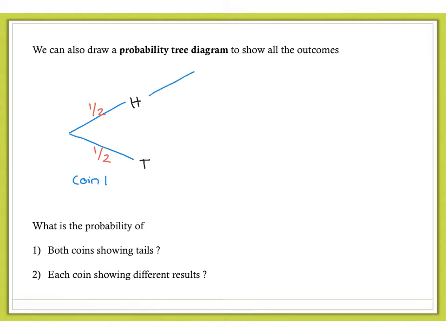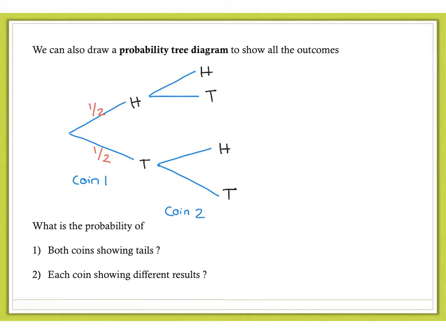We then add in our next pair of branches for what could come up on coin number 2. Now, if coin 1 is a head, then coin 2 could be a head or a tail. Similarly, if coin 1 is a tail, coin 2 could still be a head or a tail.